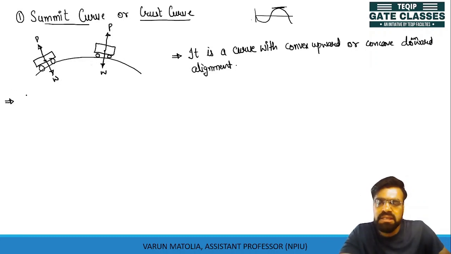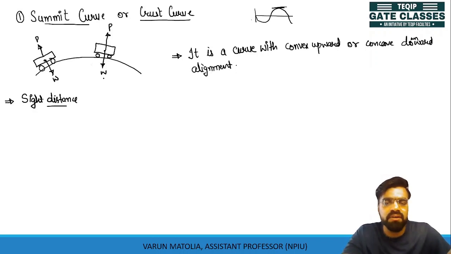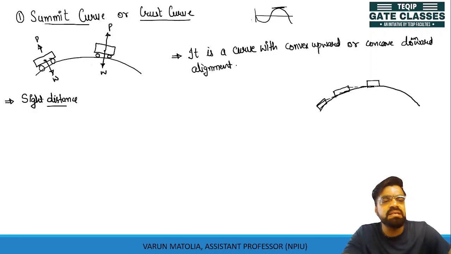The second consideration is sight distance. Whenever we are designing a summit curve, sight distance is a very important consideration, because while moving on a summit curve, our sight distance is limited. So we should have enough sight distance to perform operations safely. What operations?